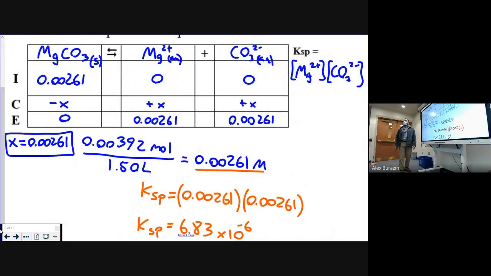What that's trying to say is that the value of K is really small. And as a result, the reversible reaction is favoring the reactant side. With every single one of these types of problems, the reactant is solid salt. If this side is favored, it doesn't dissolve very well.